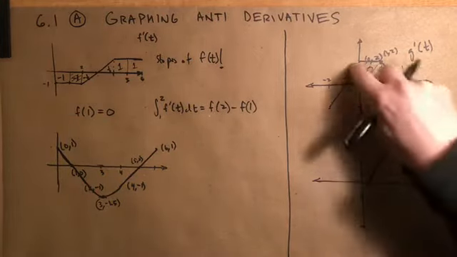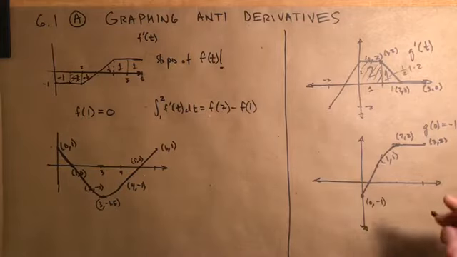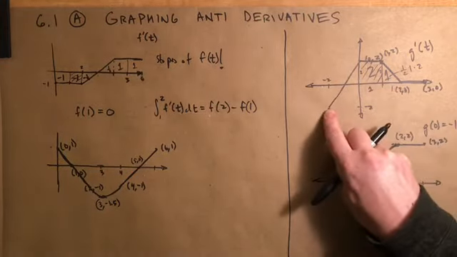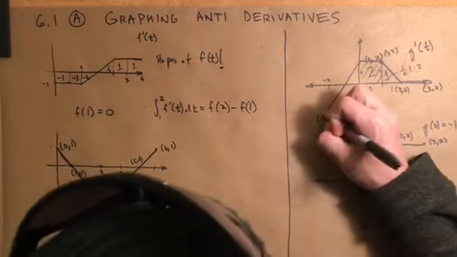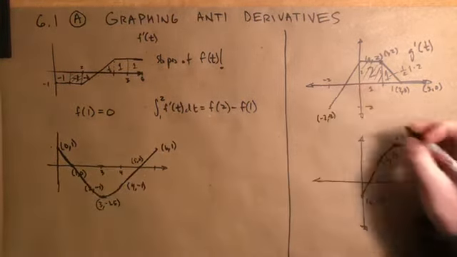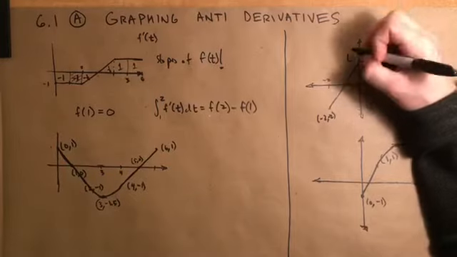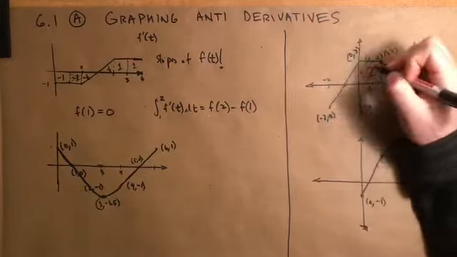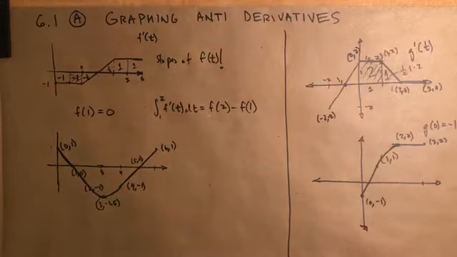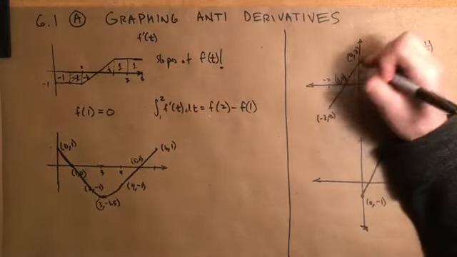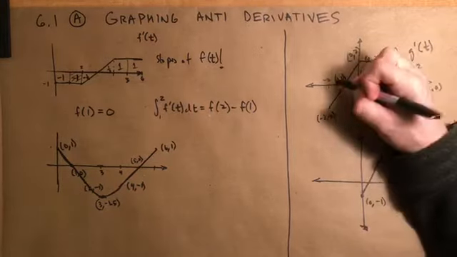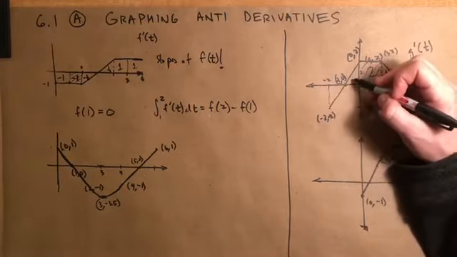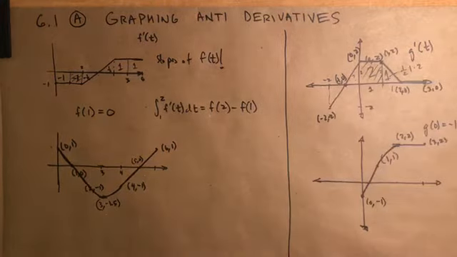Okay, let's build this part now. And what I'm going to do is I'm going to first notice that here we have the point -2, -2, and we had the point 0, 2. So what's that point at -1 going to be? Well, it has to be -1, 0, and that should help us think about what the area of this spot is.